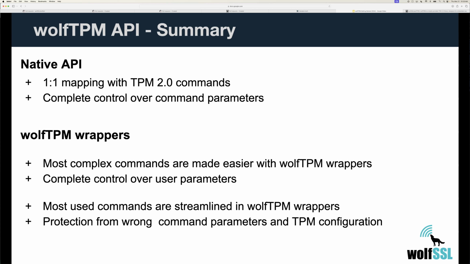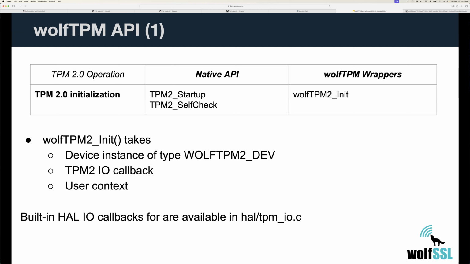Yeah, so we took the complex commands and made them easier with wrappers. Okay. And so here's an example of just initialization of a TPM. The native API commands would be TPM2 startup, and then I think it's self-test, not shelf-check. And we have an init wrapper, and it basically takes in a pointer to the device context.